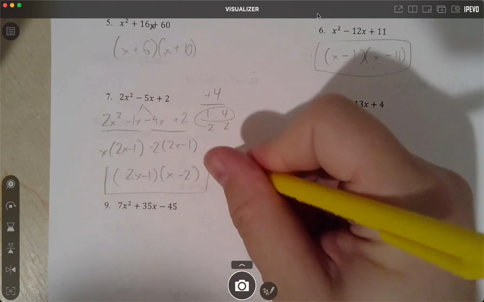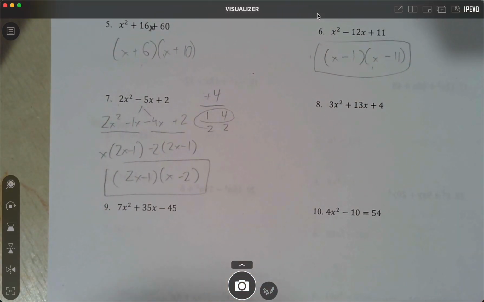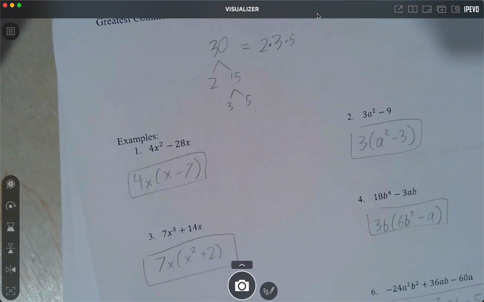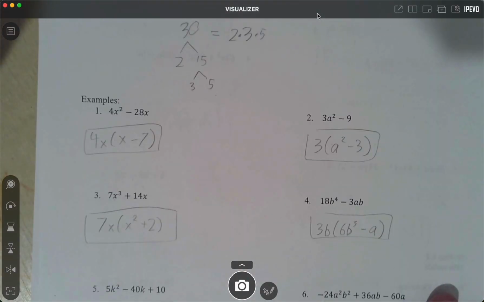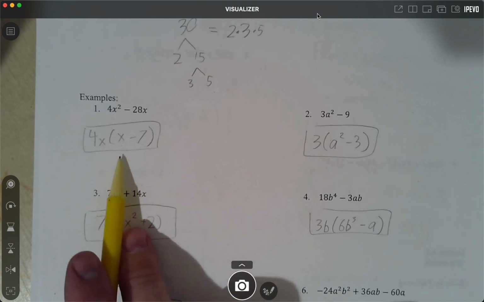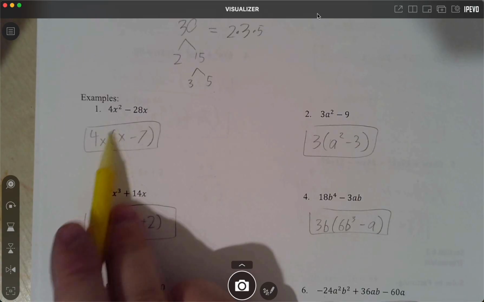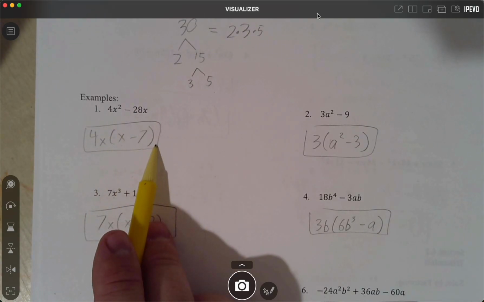Remember, your leftovers get put in a created new parentheses that wasn't there before. And I know in the middle of that process you go, whoa, whoa, whoa, where'd the parentheses come from? But everyone's fine with it right here. When I took the 4x out of these two simple terms, the parentheses was created for the leftovers.